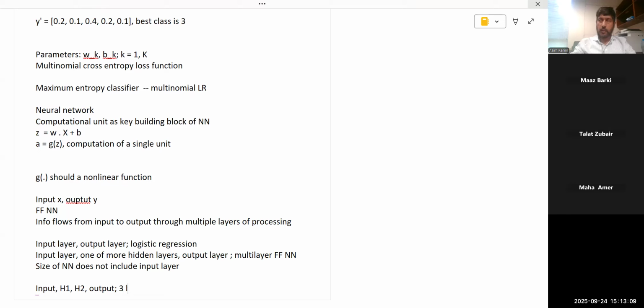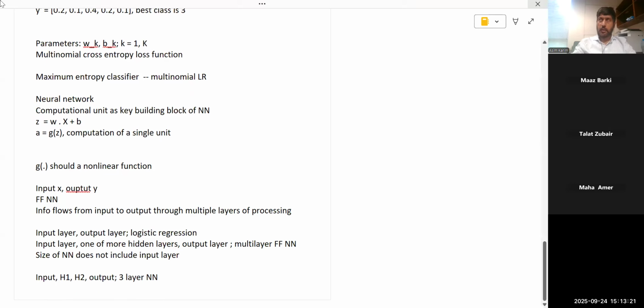This is called a 3-layer neural network. ठीक है, so there are 2 hidden layers, there is an output layer, so this is a 3-layer. Input layer को हम count नहीं कर रहे. Similarly, जैसे input and direct output, this is a 1-layer neural network, which is also a logistic regression. ठीक है, I hope this is clear.